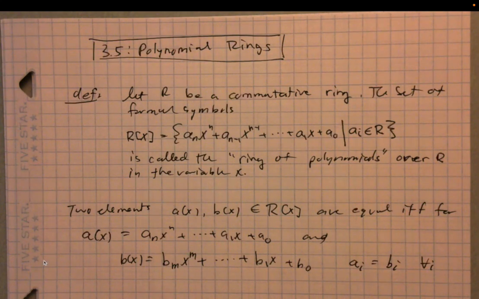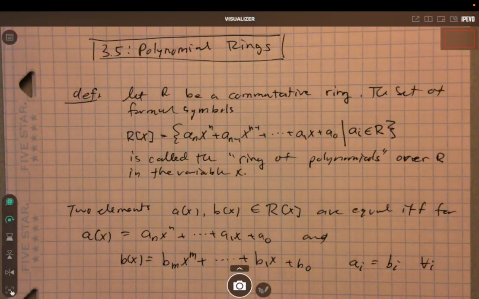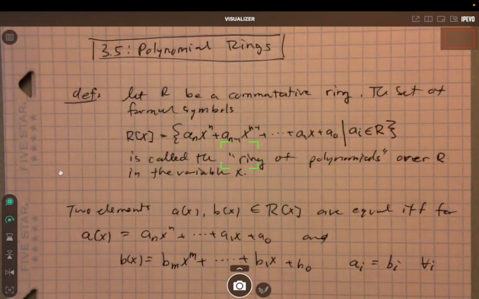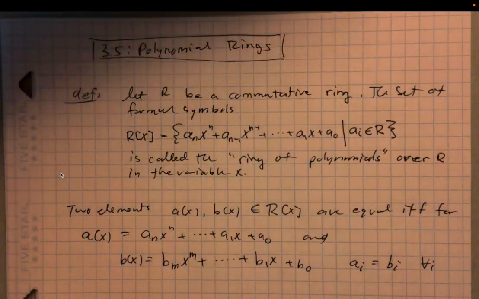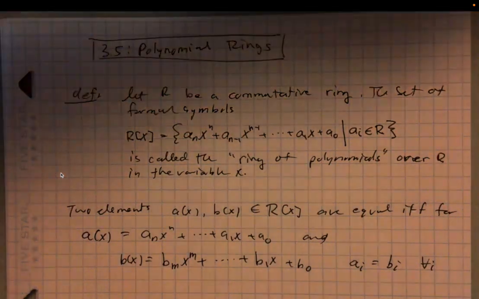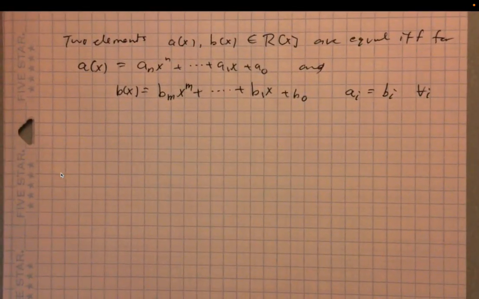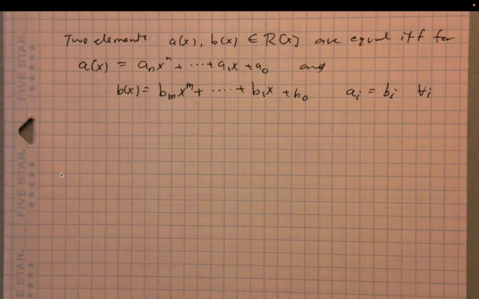Now one of the things that's very important to wrap your mind around is the idea that the x's here, the quote-unquote variables in the polynomials, are less important from the standpoint of abstract algebra than they would have been in whatever other course you have seen polynomials. It's not that they're less important, they just have a different function.